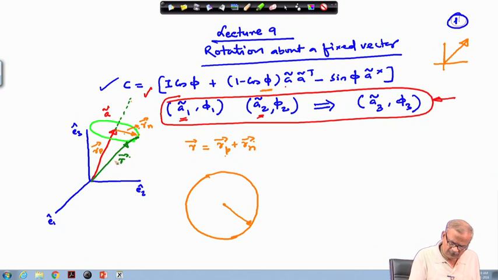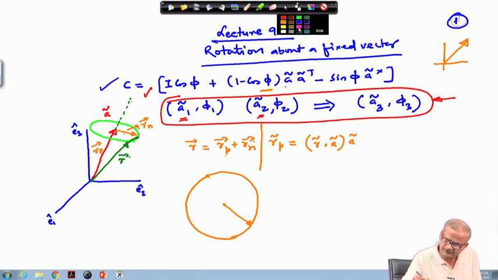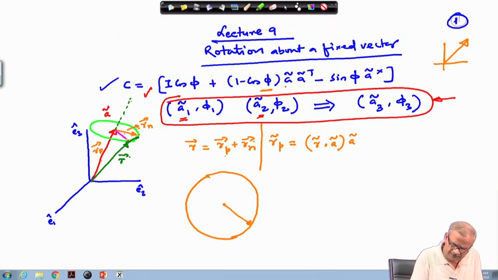Now, the component of vector r along the a direction: r tilde dot a tilde is the component of the r vector along the a direction, which is indicated by r p. And because it is along the a direction, we have to multiply it by vector a. Okay. So now r prime, if we rotate this from here to here by minus phi, this angle is minus phi.